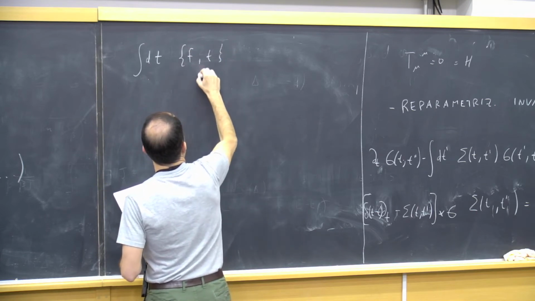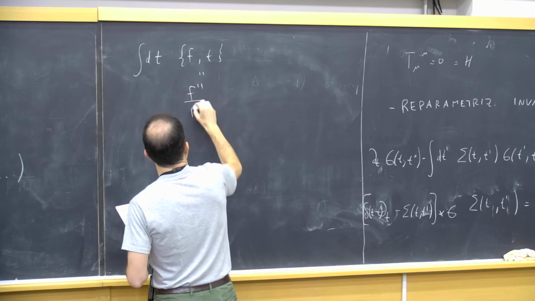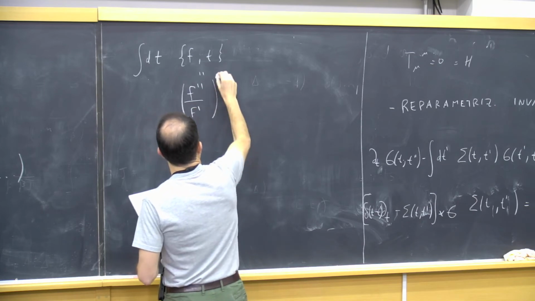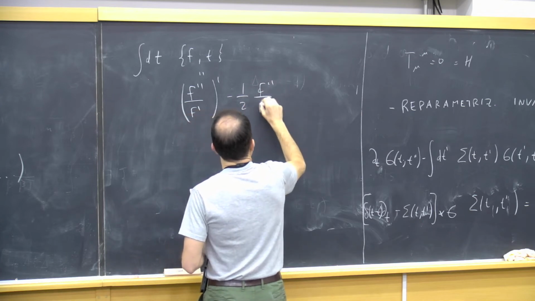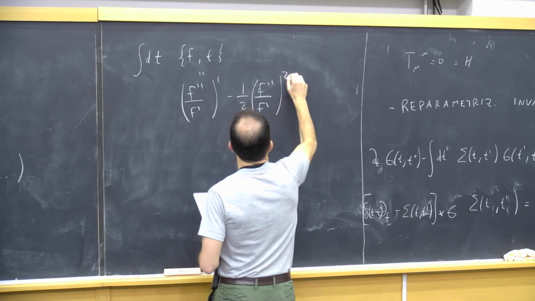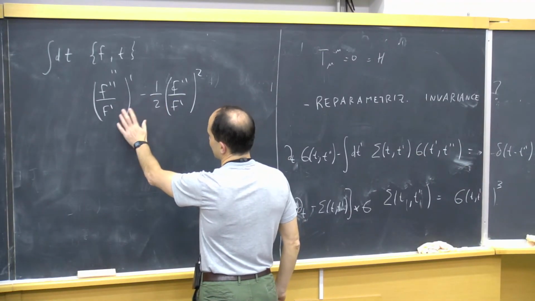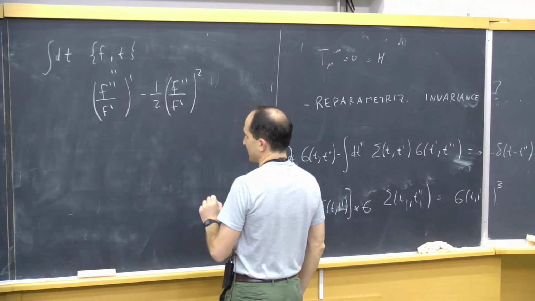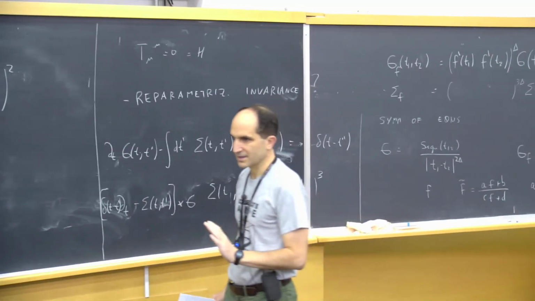This, just by definition, is equal to f double prime over f prime, and so on. It has a somewhat complicated looking expression when you first find it. Now, this is the simplest expression with the lowest number of derivatives that is SL2 invariant. Okay, so that's the idea.